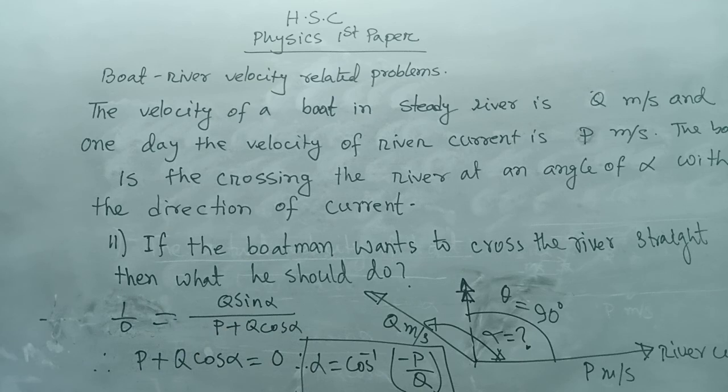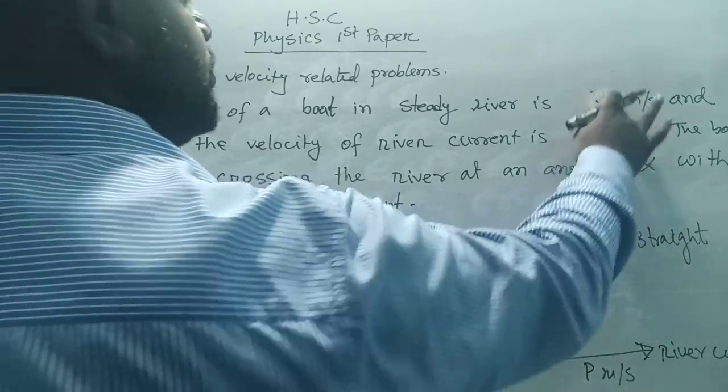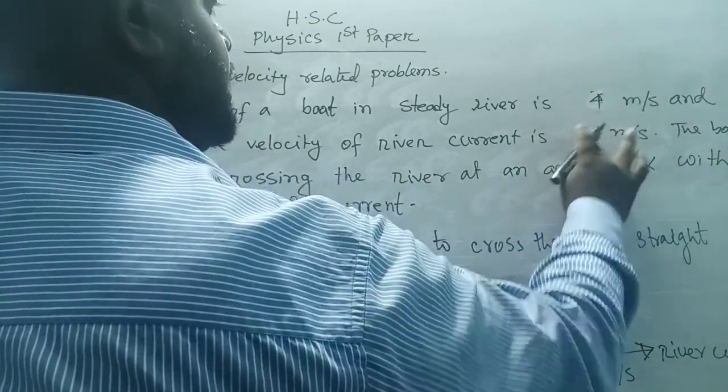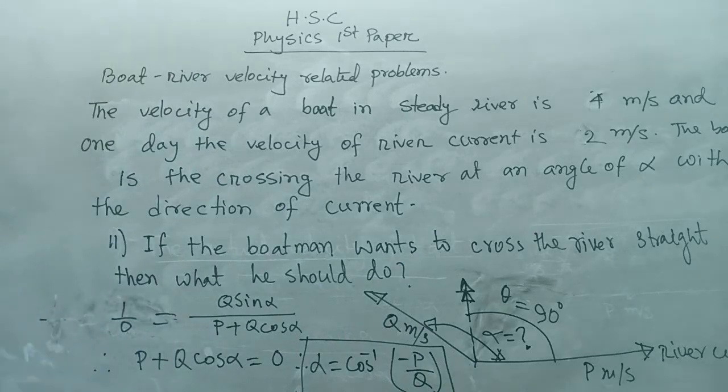So numerical values, for example 2, 3, 4, 5, 6, this type of values will be given. And one very important thing, look, if the question comes like this, for example, the boat velocity is 4 and the river velocity is 2, that means the velocity of boat is double the velocity of river.